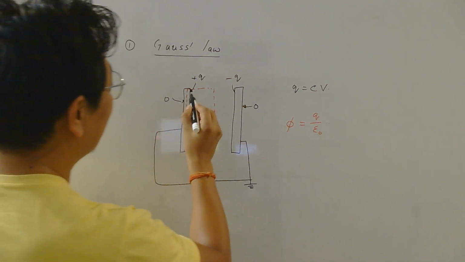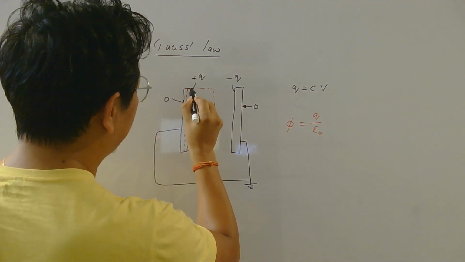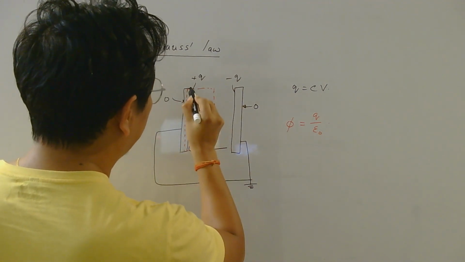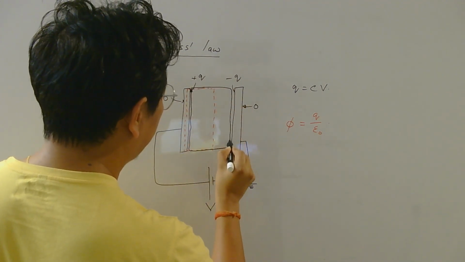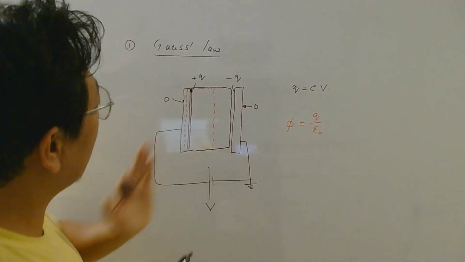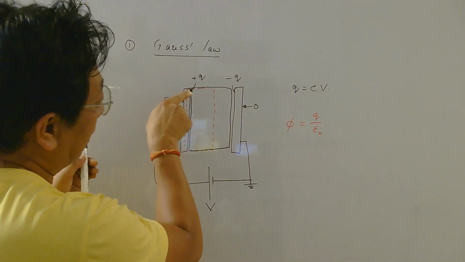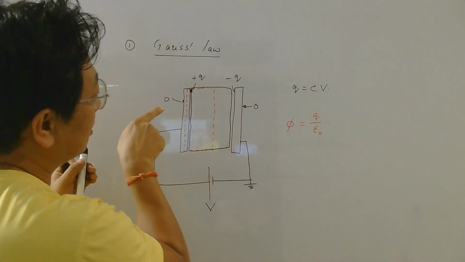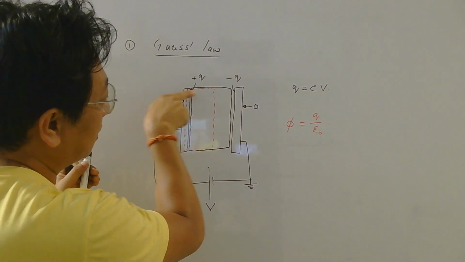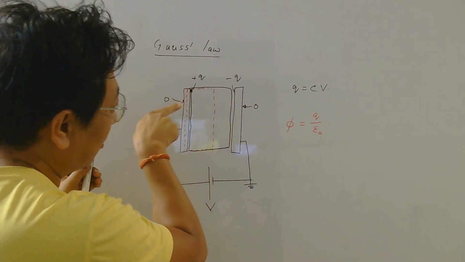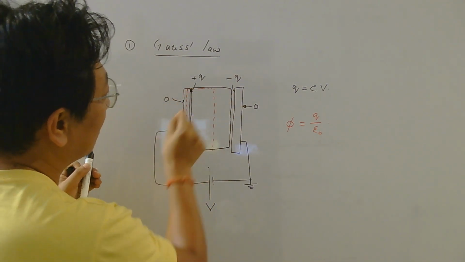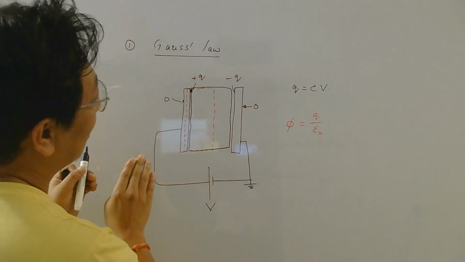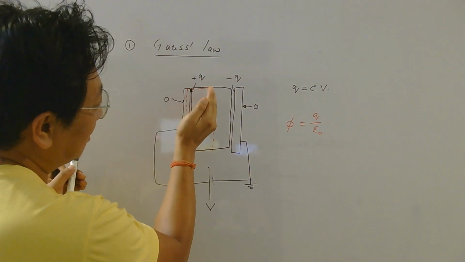Now let me introduce here a dielectric medium. So this is a dielectric medium. Then you know that because there is a dielectric medium and there are molecules inside, this plus Q and this minus Q will create an electric field from plus Q to minus Q, right? Because of this electric field, the plus charges in the molecule will be slightly displaced this side, and the negative charges will be displaced this side.